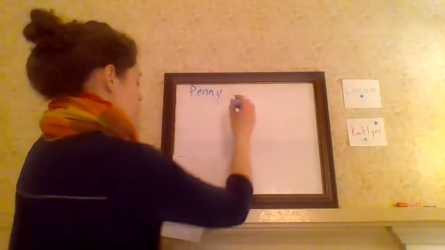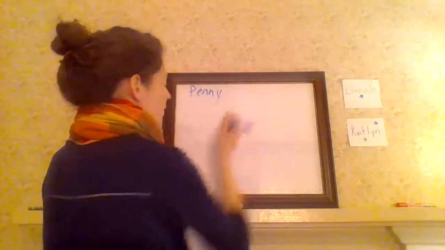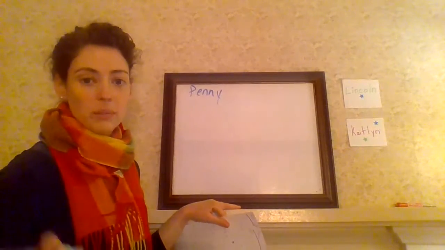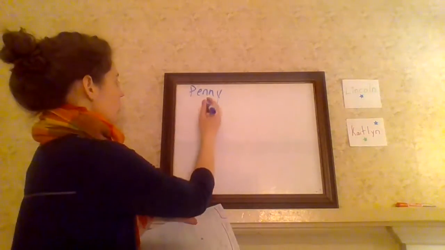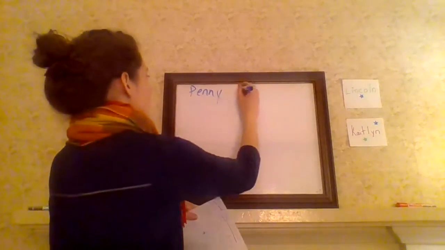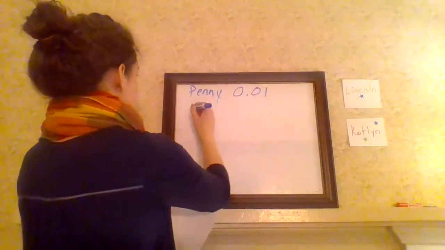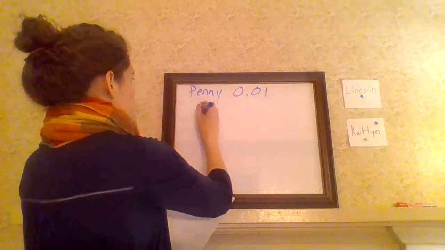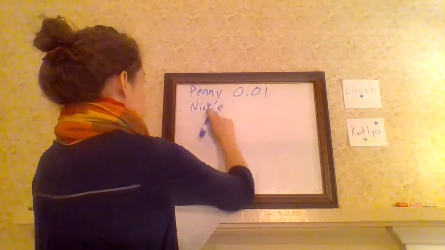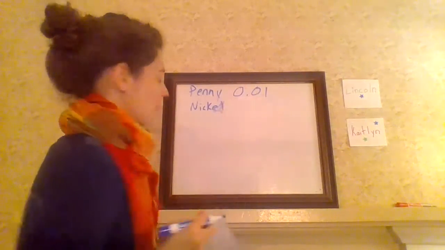Okay, so a penny is 1 cent, or think about how many you need to make $1. You need 100 of them, so it's one hundredth. So we could write it like this, 1 hundredth. And if we think about a nickel, there we go.